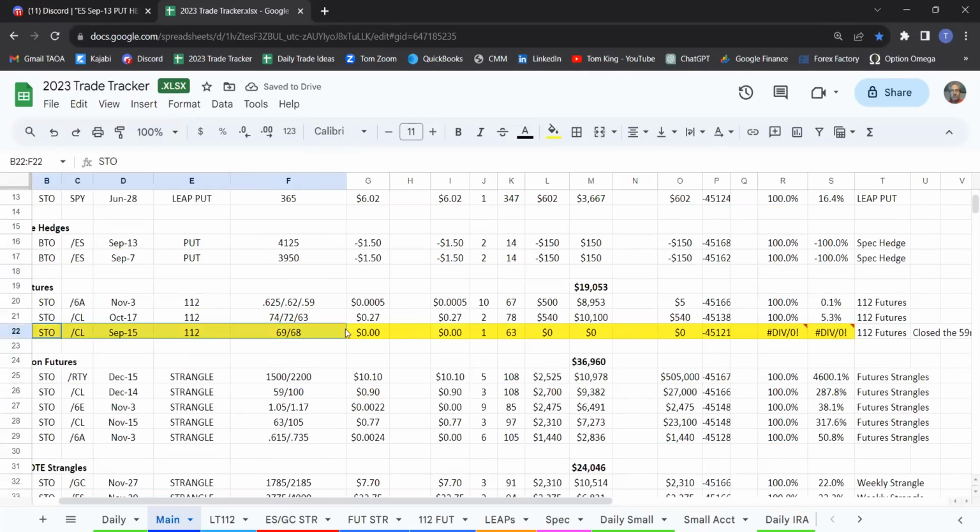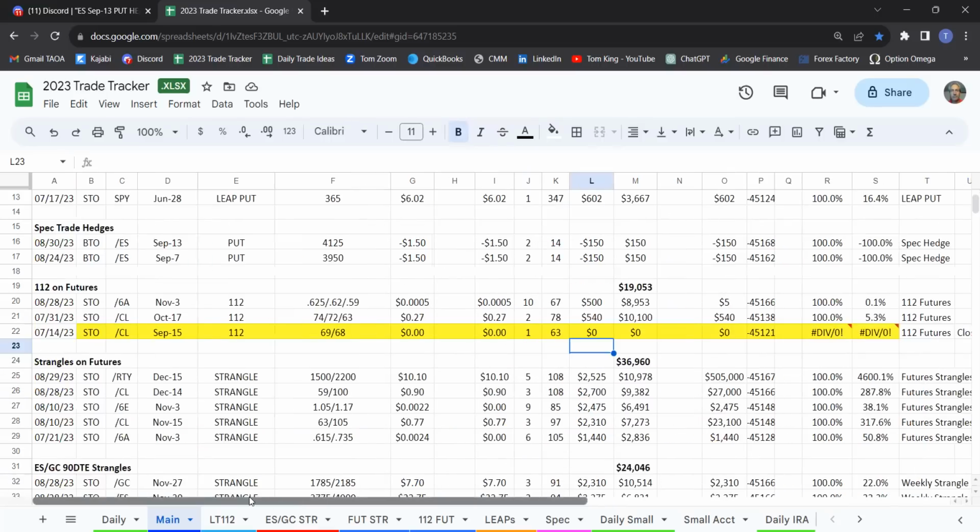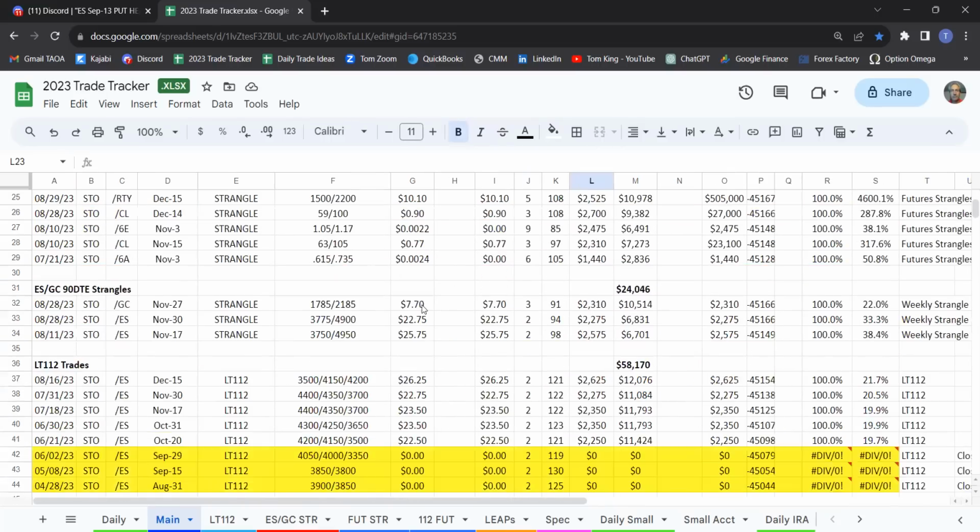But at least I remember that this was a 112. It no longer is a winner or a loser unless it's a winner. Then I will designate it as a winning trade if we make more money on it. But right now it is a free put debit spread. Okay, so that's how I'm looking at that. And let's go back and keep moving.